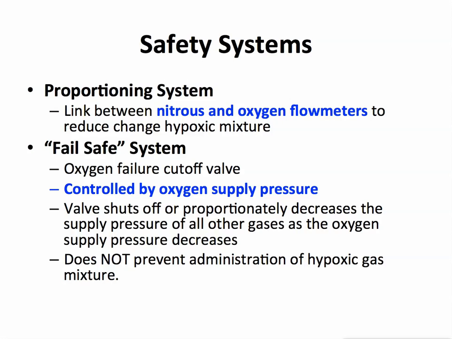But if the oxygen pressure drops for any reason, it shuts off or decreases the supply pressure of all the other gases in an attempt to prevent administration of a hypoxic gas mixture. But if you think about this for a moment, if there was a wrong gas being supplied but it was pressurized, it could keep that cutoff valve open and allow that wrong gas to be administered.